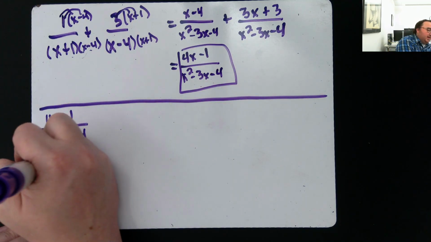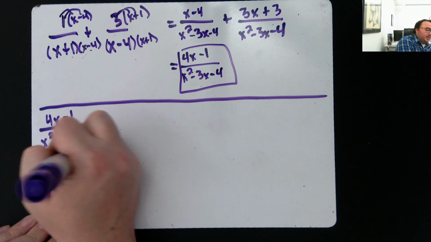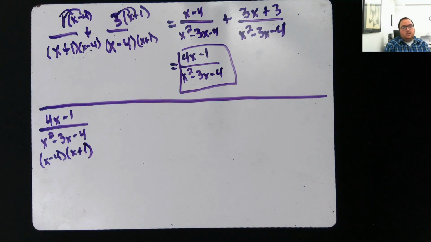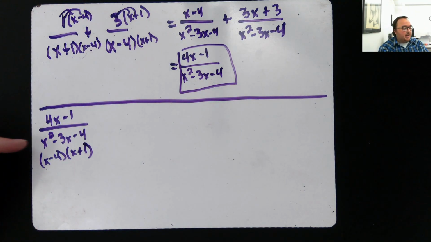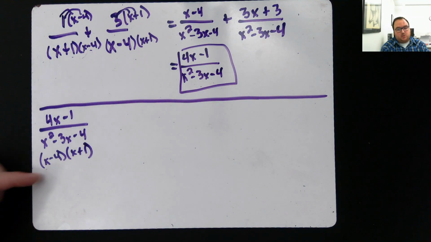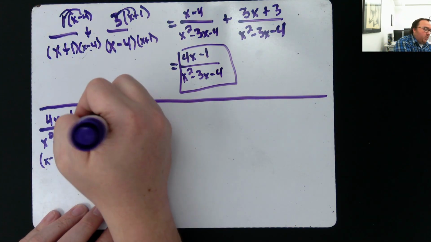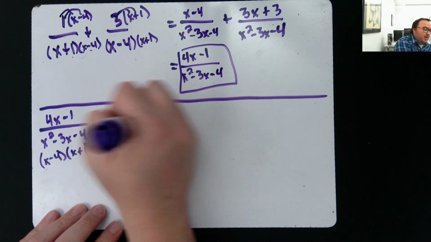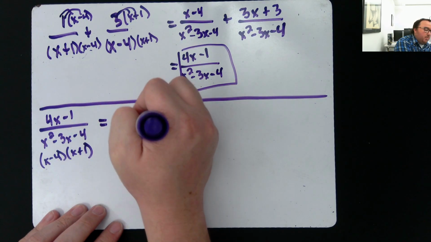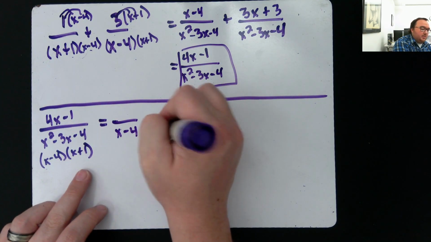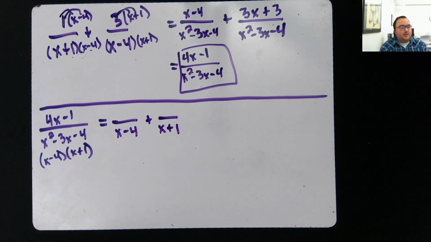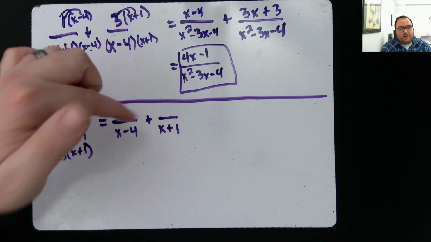Well, that would be negative 4 and positive 1. So I'm going to factor this, and I get x minus 4 times x plus 1. So what this means is that what I would have had was something over x minus 4 plus something over x plus 1. And our goal is to find out what those 2 things are.